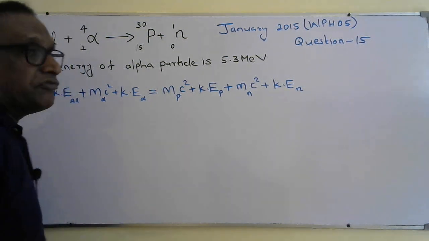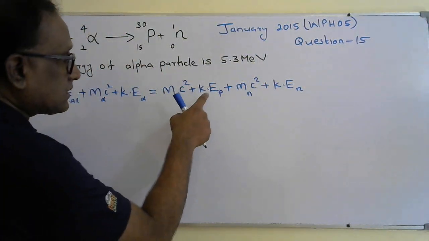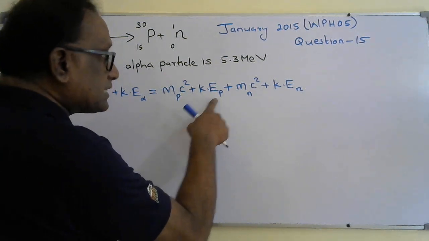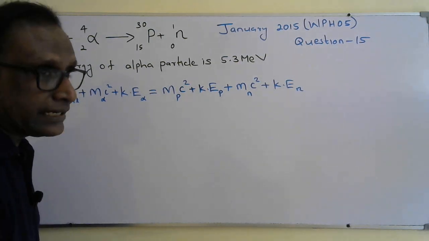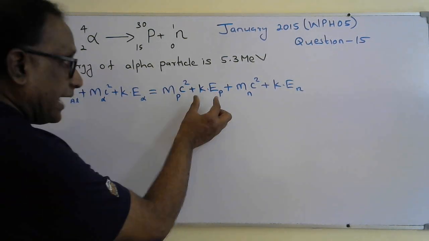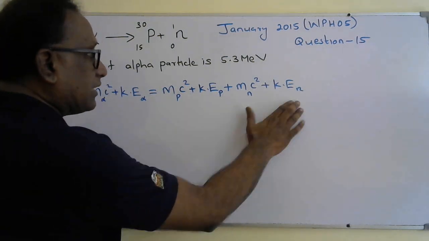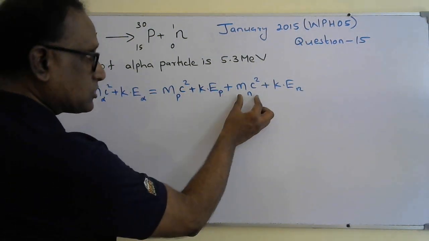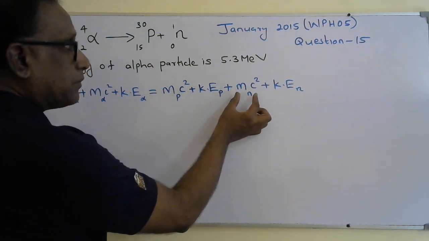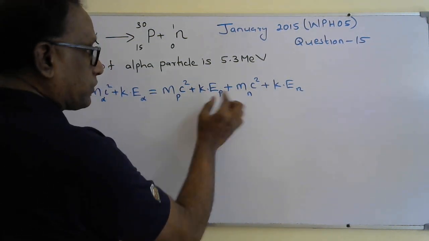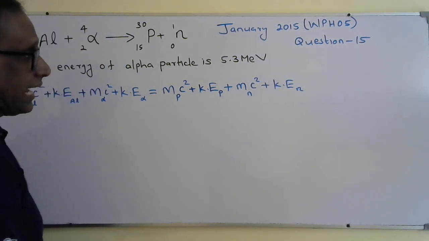The question is, find the total kinetic energy of the product. So I can write the kinetic energy of phosphorus plus kinetic energy of neutron together as capital E, because I need to find them together. So I don't want to write them separately now. I can rearrange it like this: mass of phosphorus c squared plus mass of neutron c squared plus capital E.